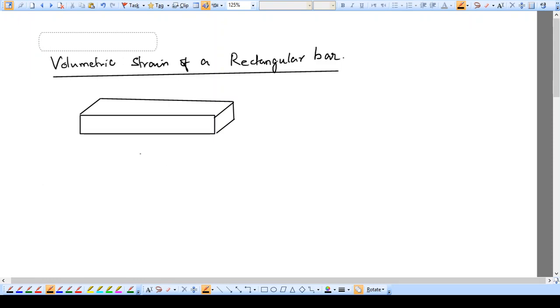Consider a body as shown in the figure. The dimensions are L, B and D. So this is length and this is B and this is D. So the volume is given by the product of L, B and D.